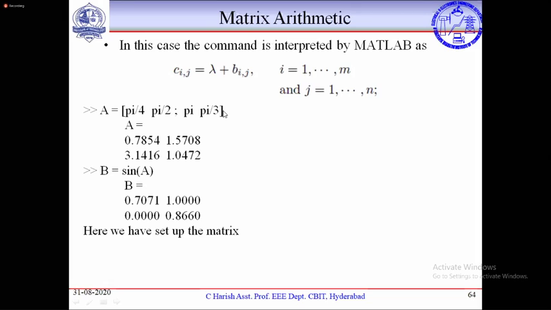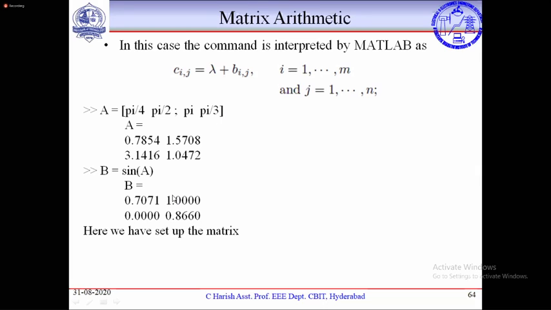Another one: A equal to pi by 4, pi by 2, pi, pi by 3. This is the value of A. If I want every element of A with a sinusoidal function, what are we going to write? Sine of A. Every element will have the value of sine of pi by 4, sine of pi by 2, sine pi, sine pi by 3.